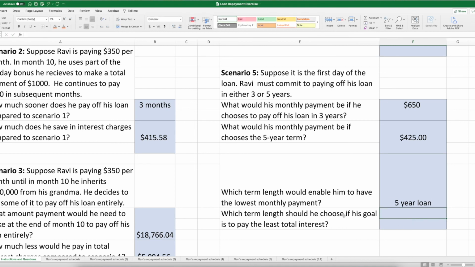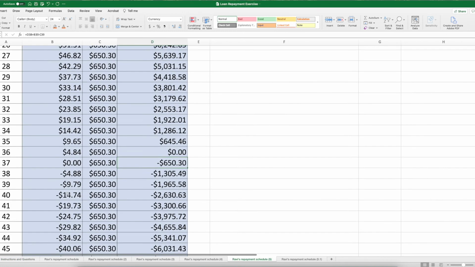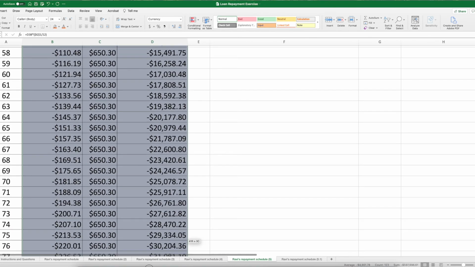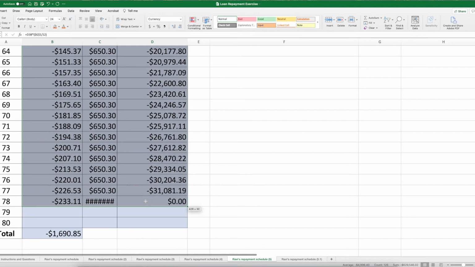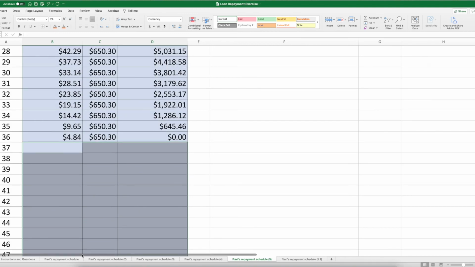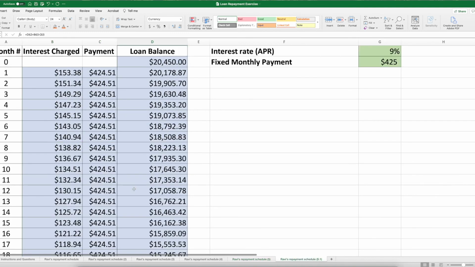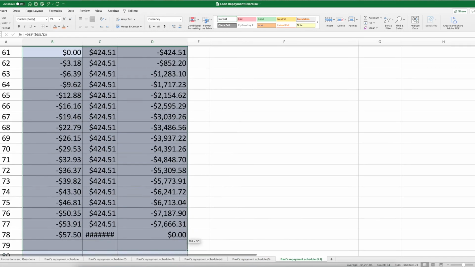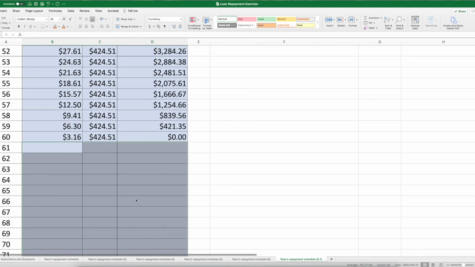Which term length should he choose if his goal is to pay the least total interest? Well, let's look at the interest. First we want to get rid of all these negative numbers because you actually don't have negative balances at the bank. So we do the same for the other calculation as well. The months with the negative values, we get rid of them.